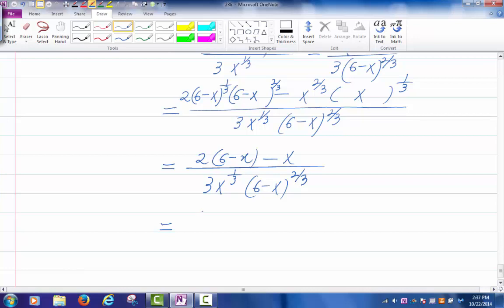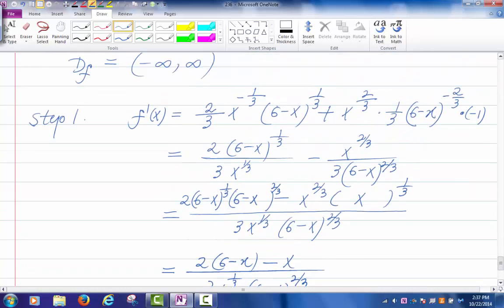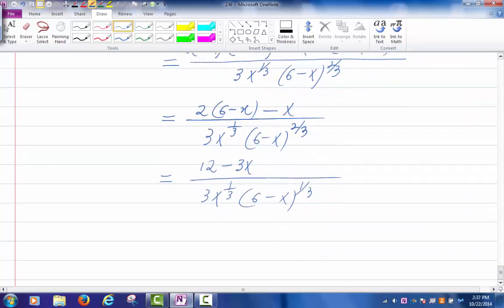So that would be 12 minus 3x over 3x to the 1/3 times 6 minus x to the 2/3. Is everybody okay with that? So that's exactly what the derivative is. So all we did is find the derivative.